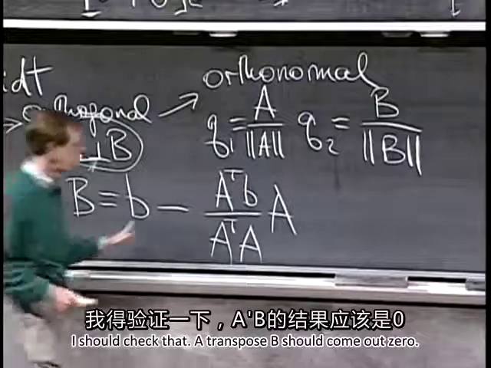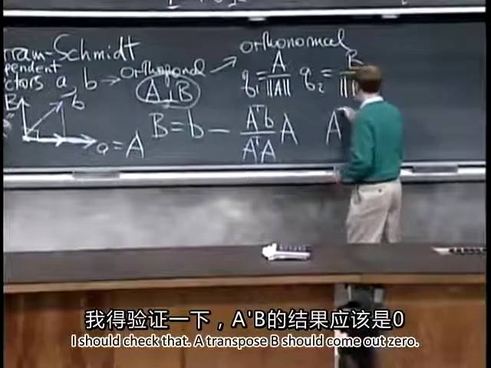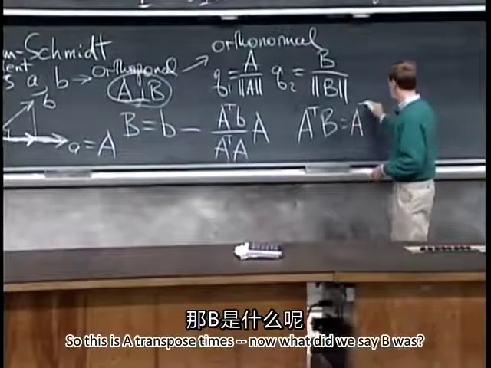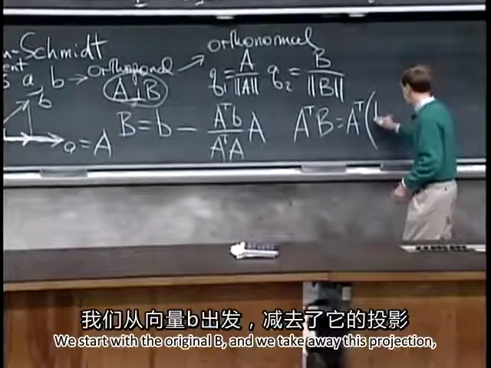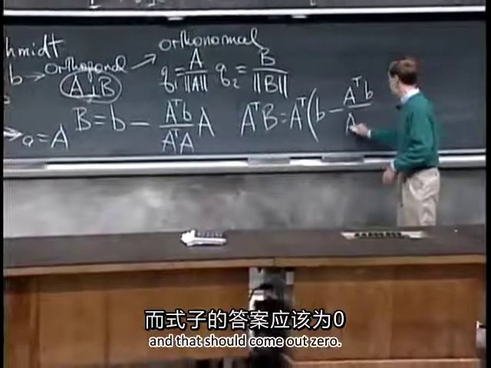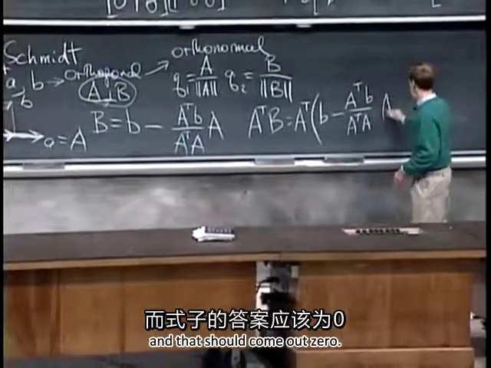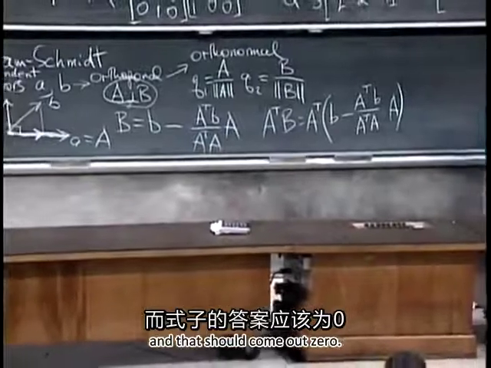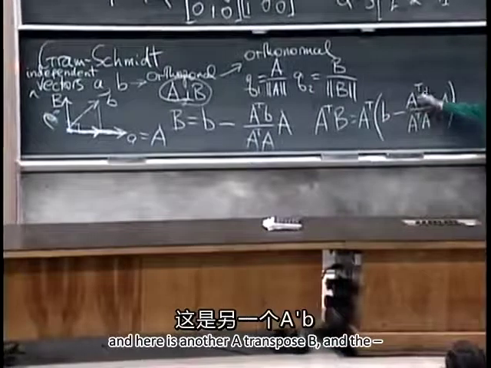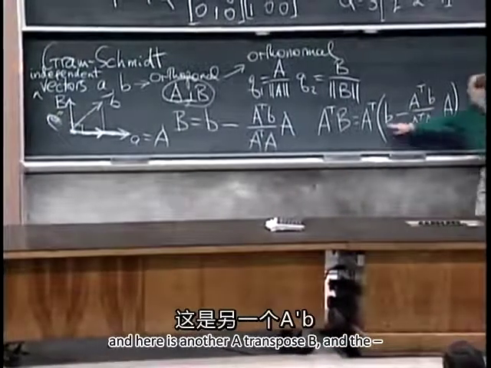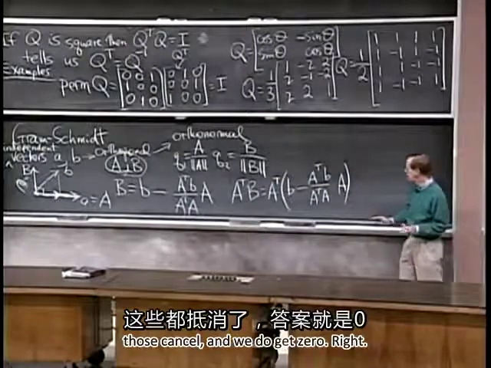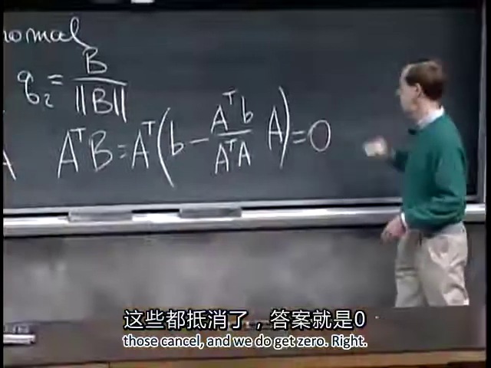A transpose B should come out 0. So this is A transpose times B, which is the original B minus this projection, and that should come out 0. Well, here we get an A transpose B, minus another A transpose B, and it's an A transpose A over A transpose A, a 1, those cancel, and we do get 0. Right.